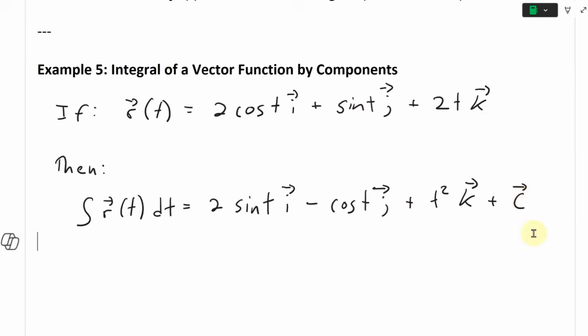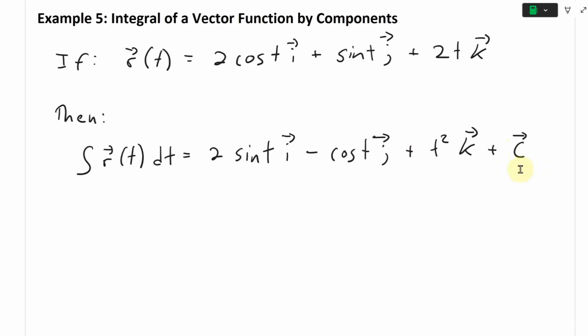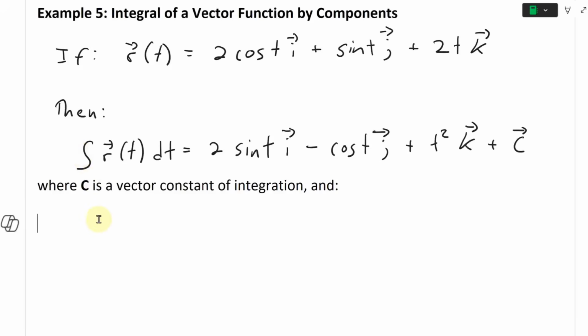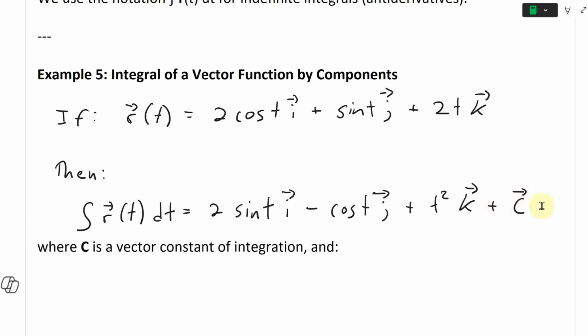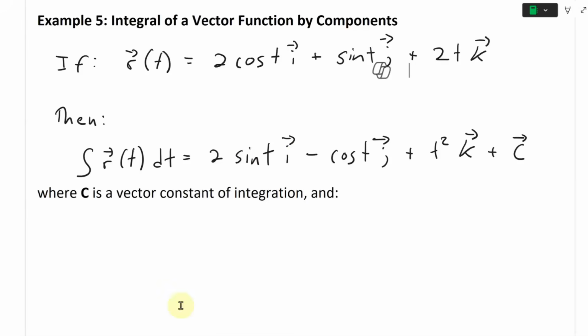So when we take a derivative of this antiderivative, we get 0, whatever the value of this constant is. So we need to account for that; it could be anything. I wrote that down: capital C as a vector is a vector constant of integration, because any value will still fit this antiderivative, matching the derivative.